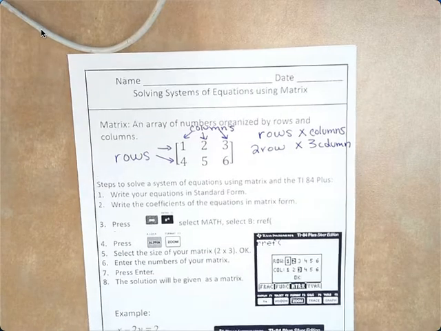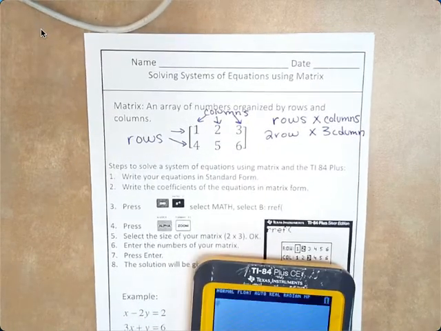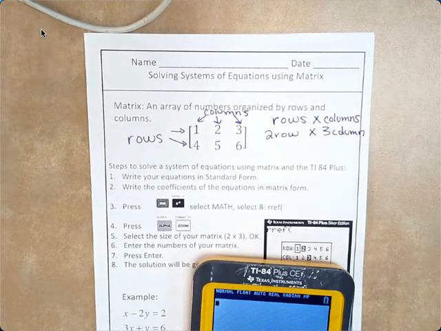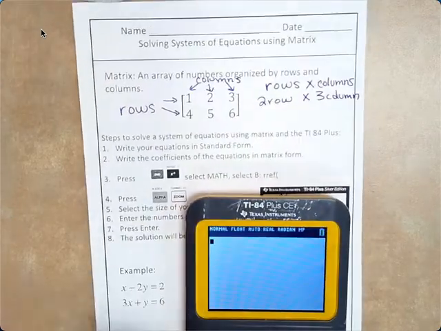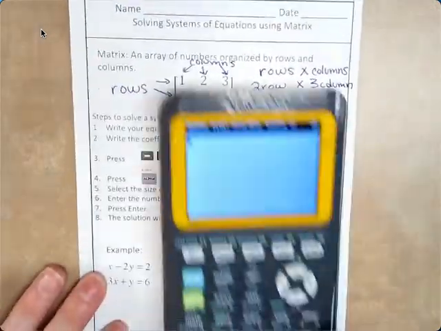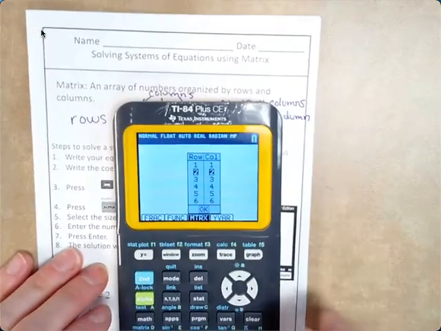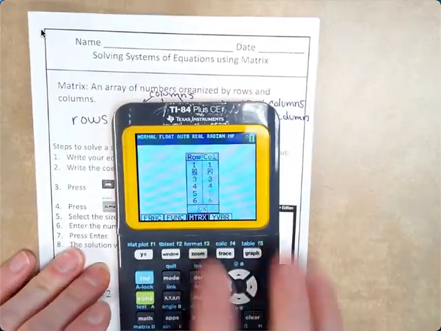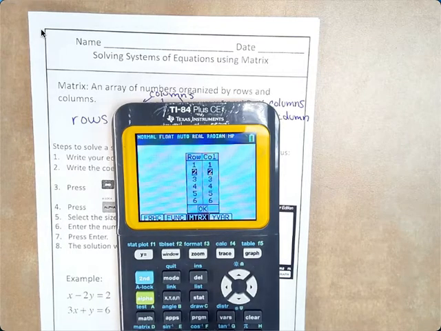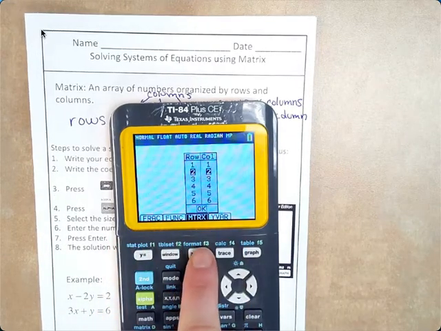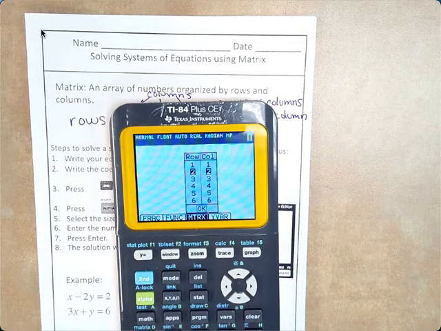And we can put a matrix in our calculator. So I'm just going to show you how to put the matrix in. So we go to Alpha Zoom. Did y'all see that? Alpha Zoom. And see how the function for the zoom is matrix.